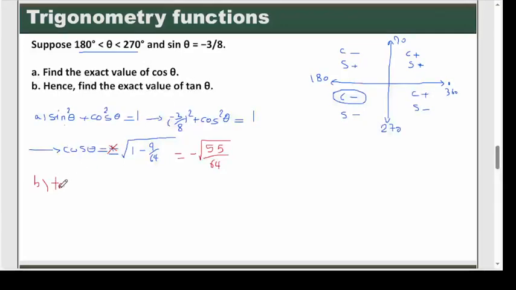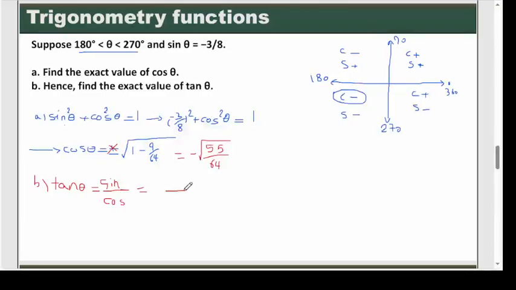So tangent of theta is sine of theta over cosine of theta.